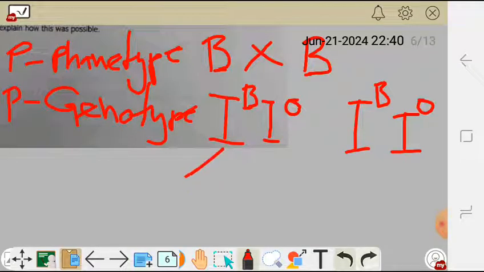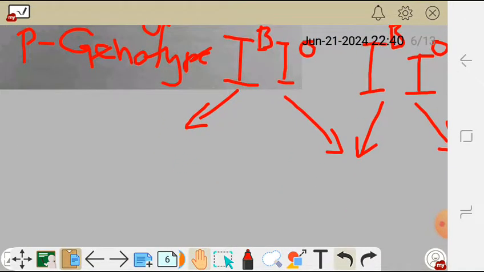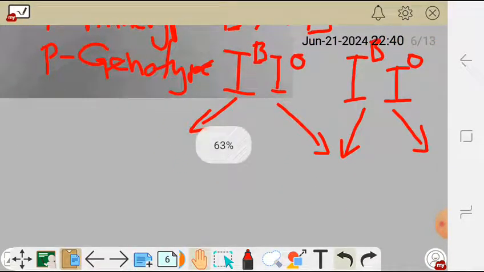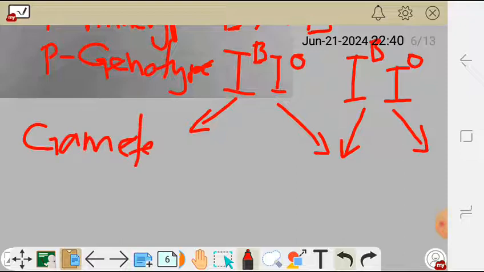Then after this step, we move on to the third step, where you separate these genes. The genotypes will separate and form the gametes. So here you can write gametes. We are writing a complete genetic diagram for you to get the full marks.